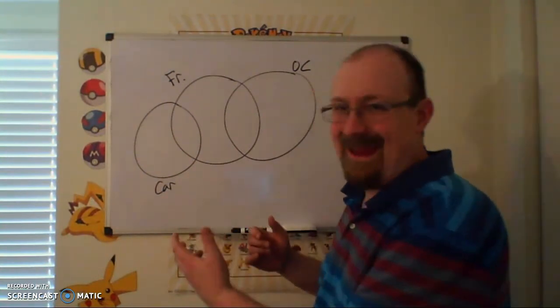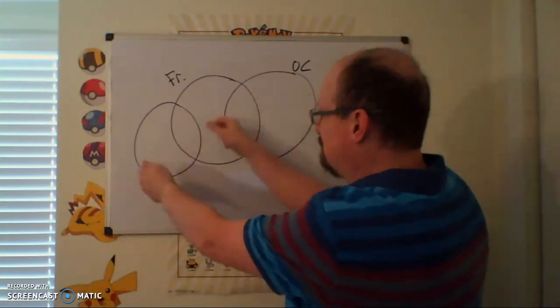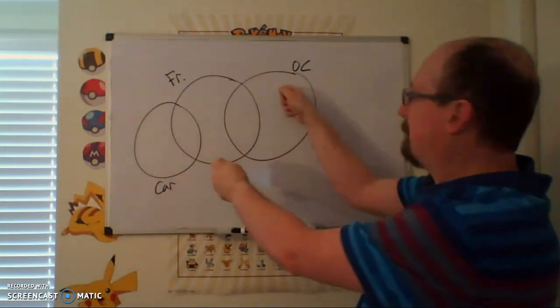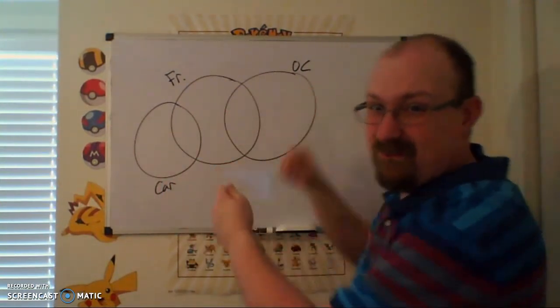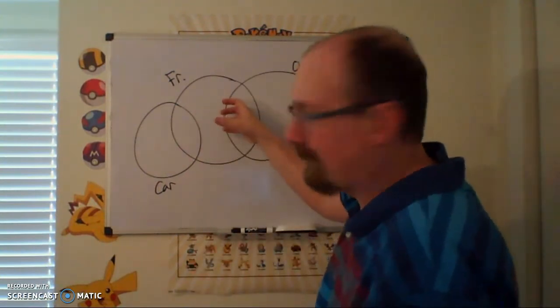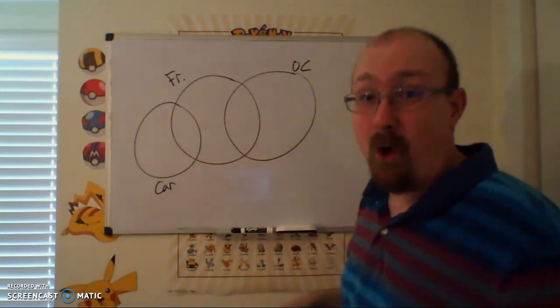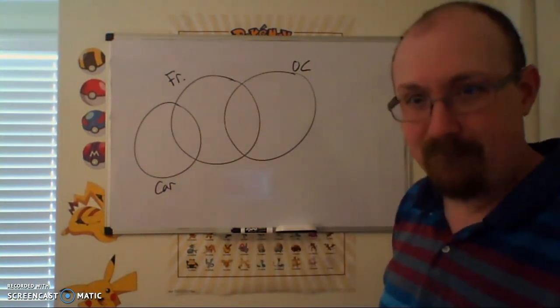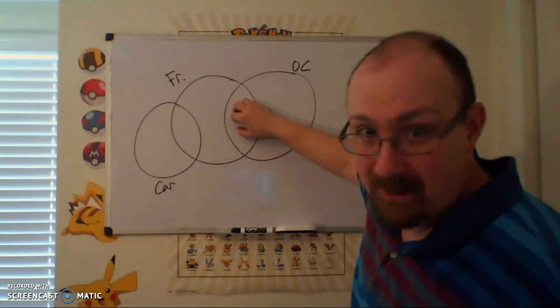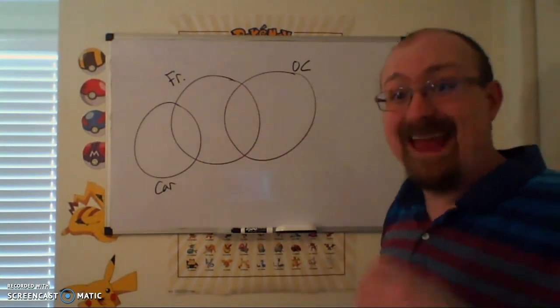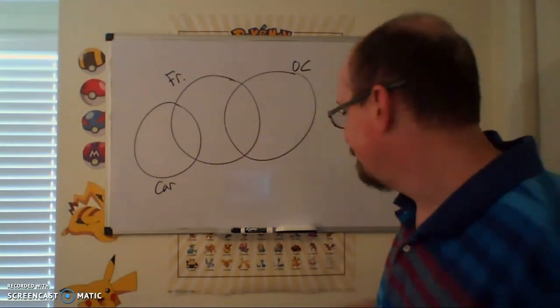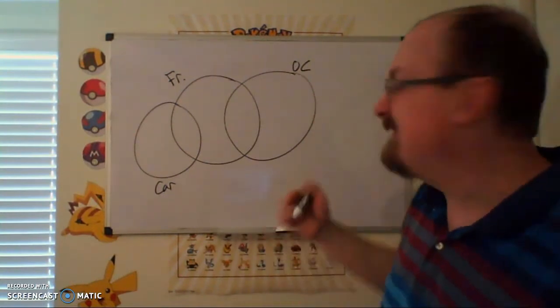No, unfortunately I can't, because if I move it that way, I can't pass over the on-campus circle, so I'm stuck. I could try drawing it ever closer, but I can't let these 2 circles overlap. So there's always going to be a piece of the freshman circle, this part right here, that the car circle cannot contain.